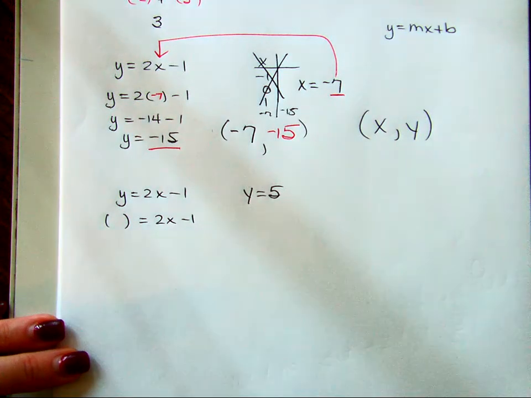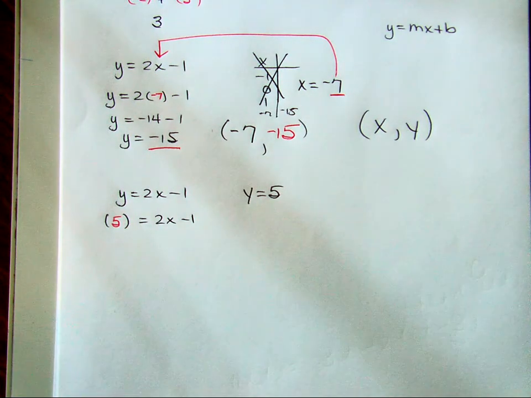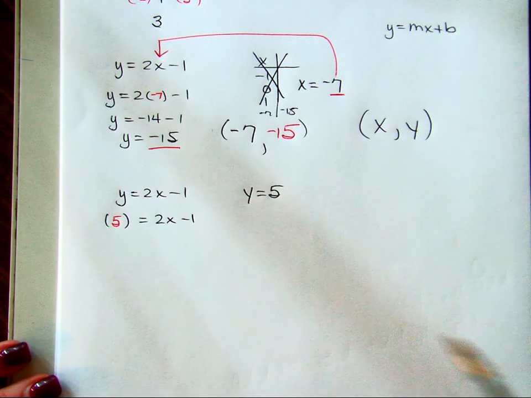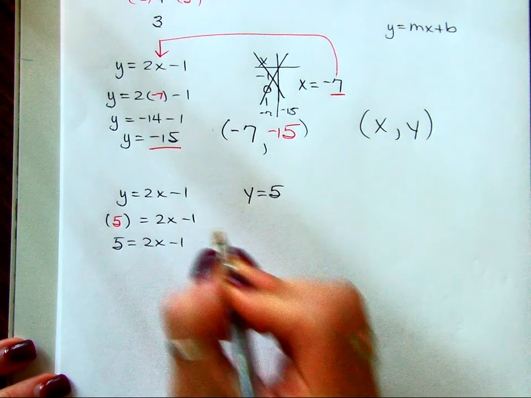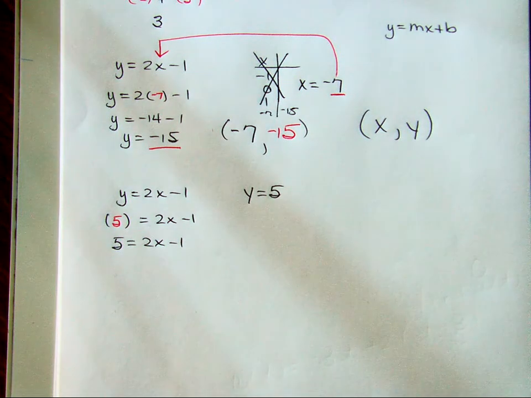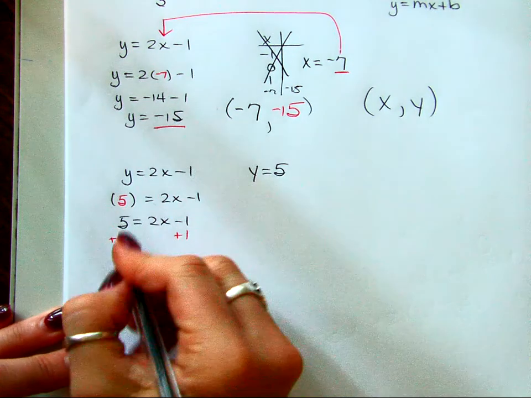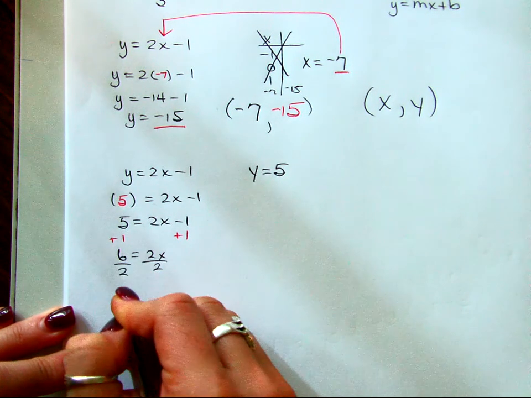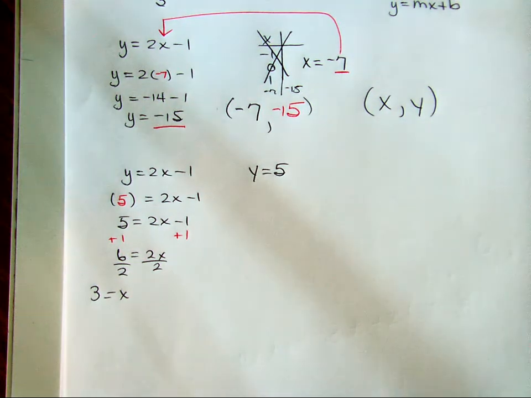And right away, you notice something is going to be a little bit harder, because instead of just doing a bunch of calculations, you have an actual equation to solve, right? So I have to say, okay, 5 is equal to 2x minus 1. This takes us back to Unit 2.1, solving one- and two-step equations. 6 is equal to 2x. Divide by 2. So my x is going to actually be 3 when my y was 5.